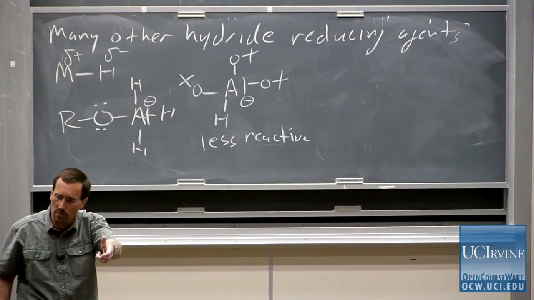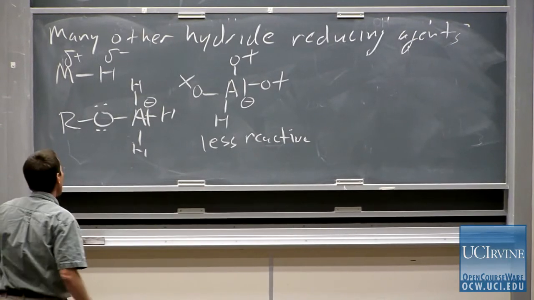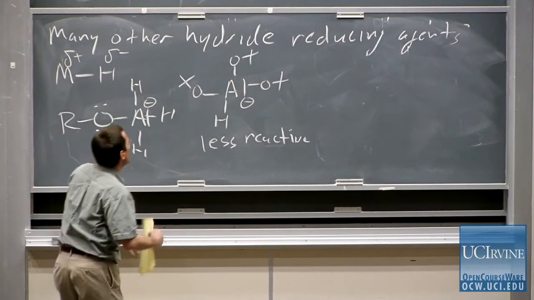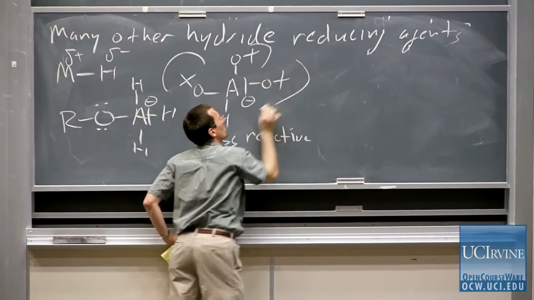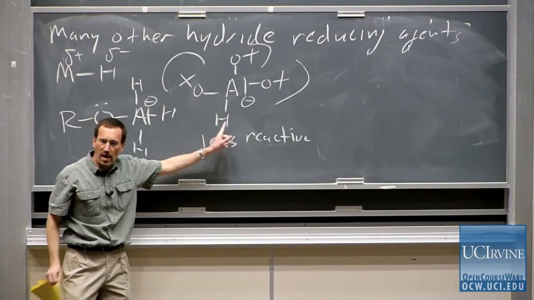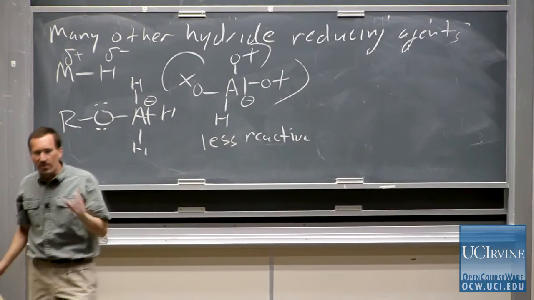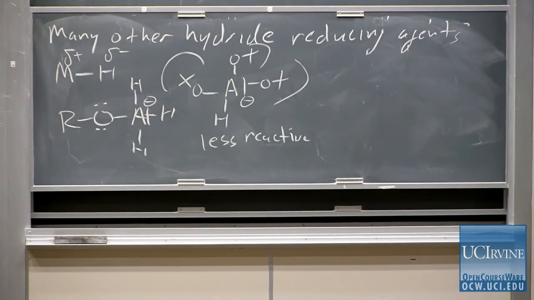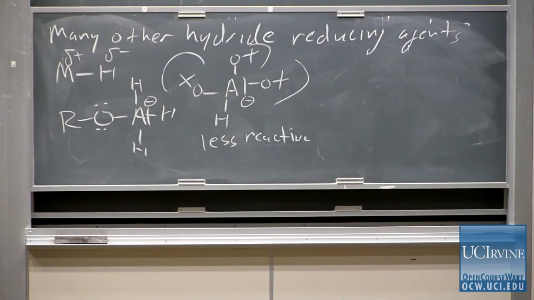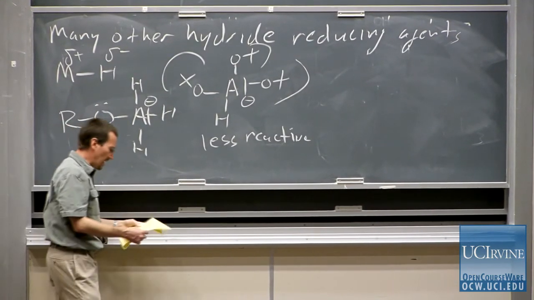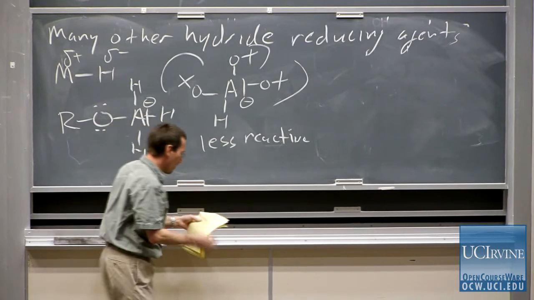The bond is less polarized. Another reason is sterics. The tert-butyl group is very big, and so that big set of tert-butyl groups gets in the way. So only the very most reactive carbonyl compounds react with tri-tert-butoxy aluminum hydride reagents.